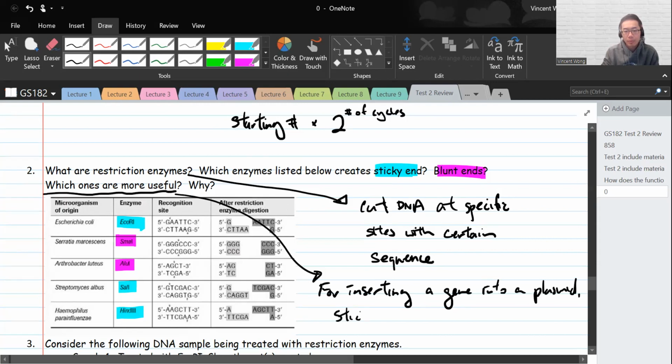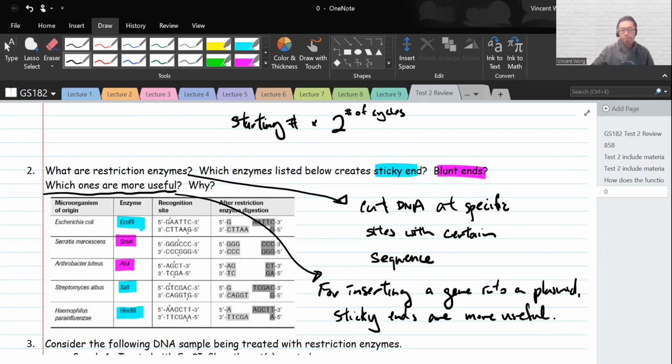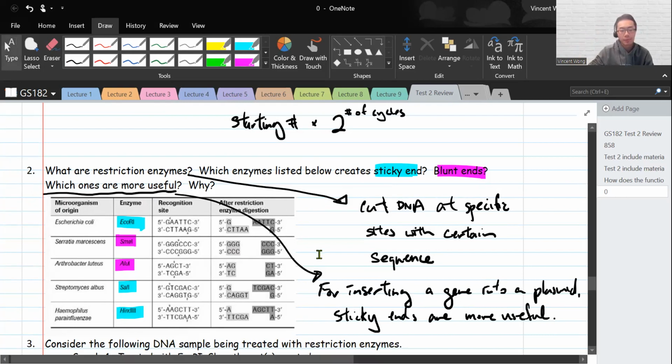Sticky ends are more important, because then we create the complementary sticky ends. They will be able to bind to each other, right? And after you add the ligase, you will be able to insert the gene into the plasmid.